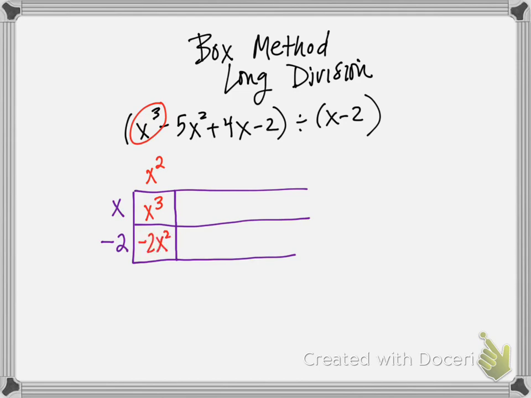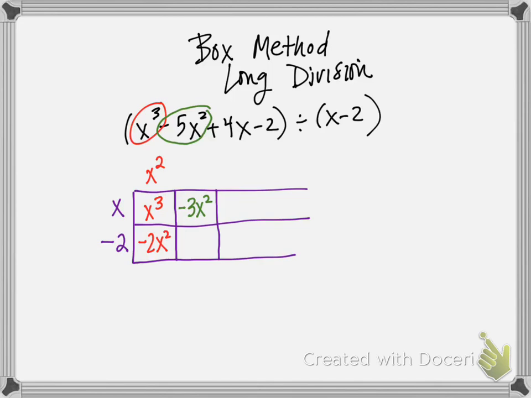Okay, so moving on to this next term, I need negative 5x squared. Right now I have negative 2x squared. So negative 2x squared minus 3 more would give me negative 5x squared.